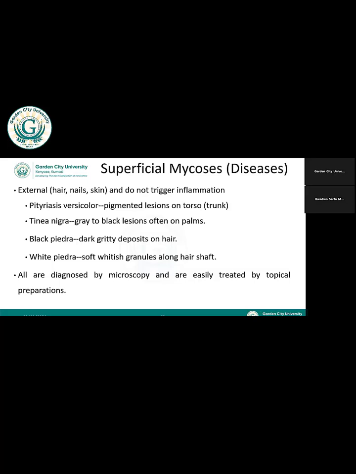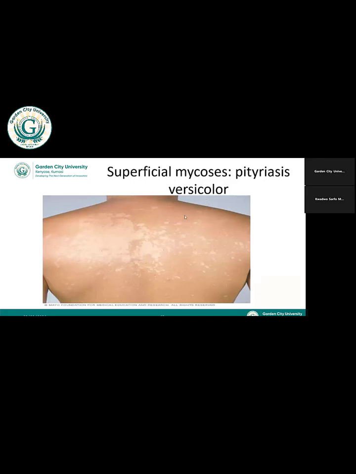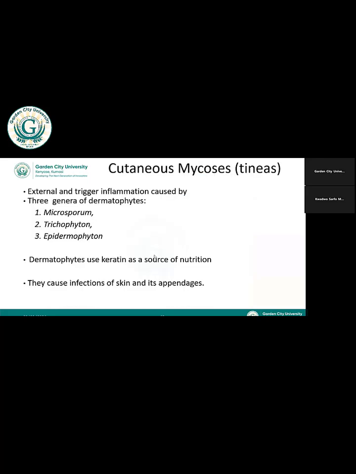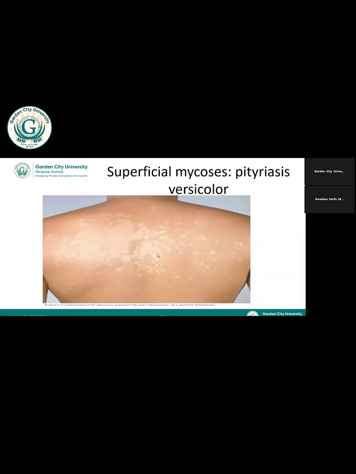So this is a typical example of pityriasis versicolor, where you have pigmented lesions on the trunk or the torso. So this is a fungal infection. As the topical preparation is applied, the person also has to practice hygiene.